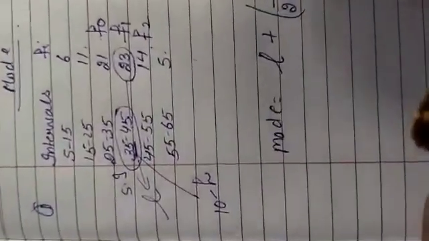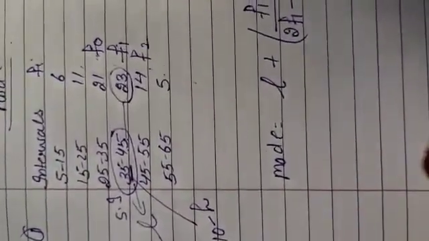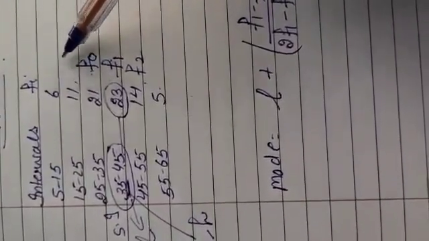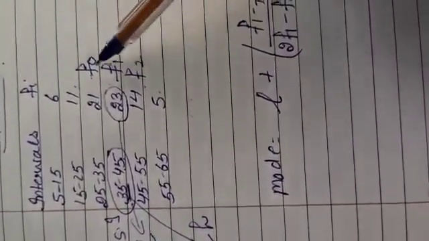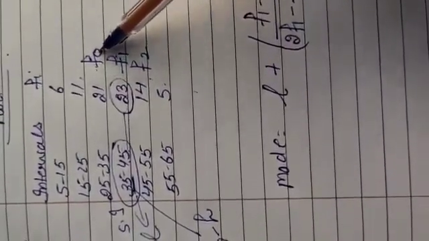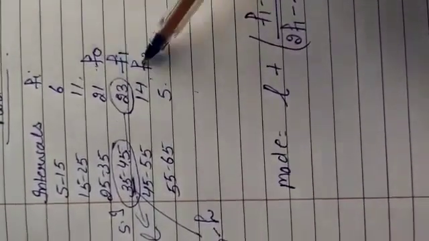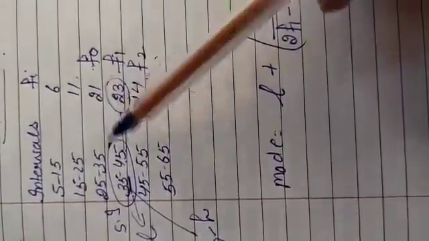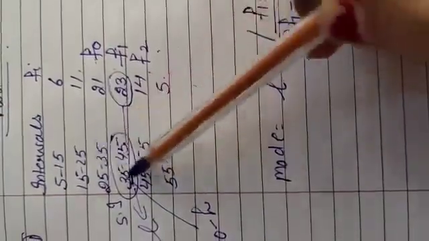Again, first check the highest value in the column, circle it and name it f1. The one on the upper side is known as f0, the next one is f2, and the interval opposite f1 is your standard interval.